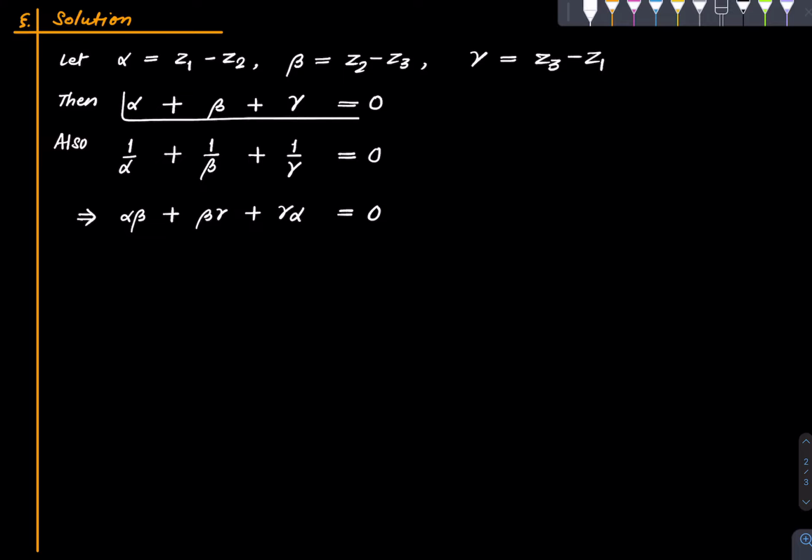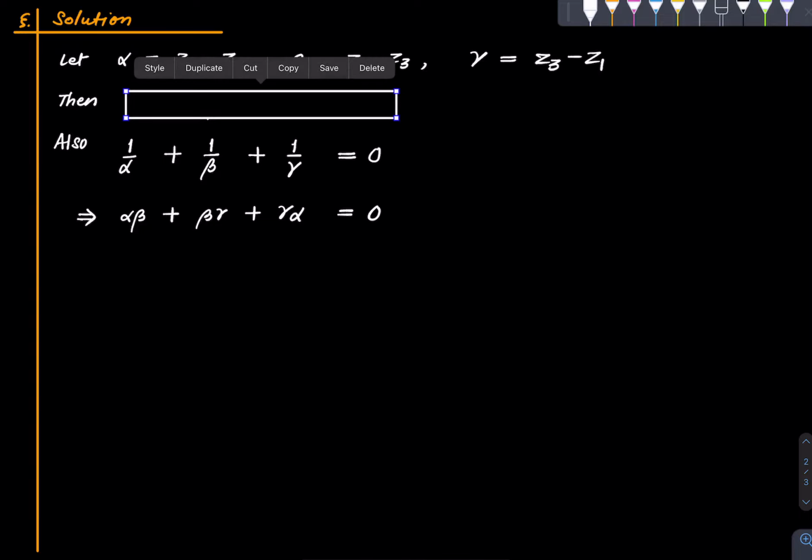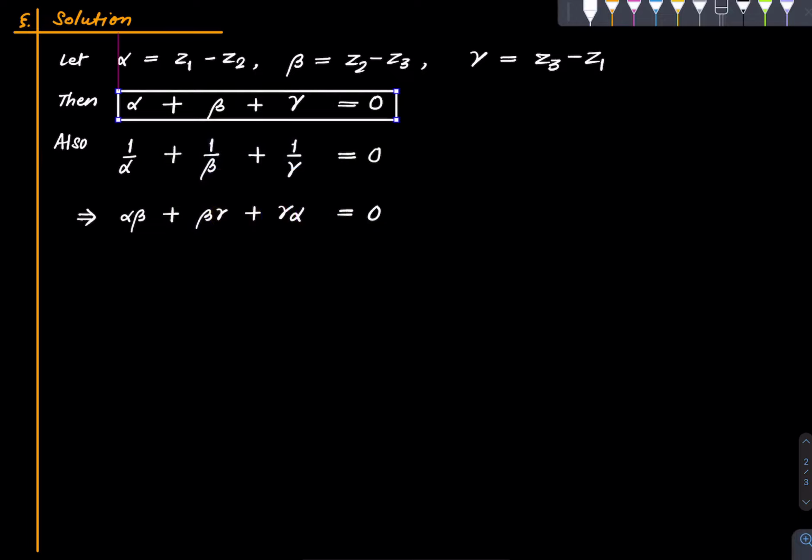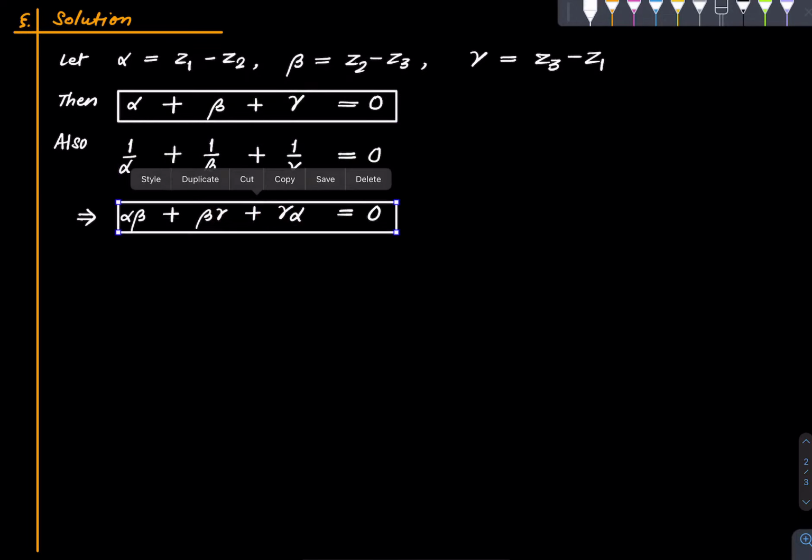So let's just box out the relevant things. So that's the first box, and this is the second box. So using these two things, this is the crucial part, consider this polynomial: z minus alpha, z minus beta, z minus gamma.